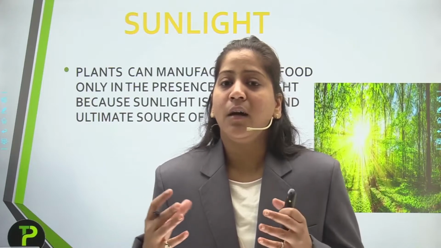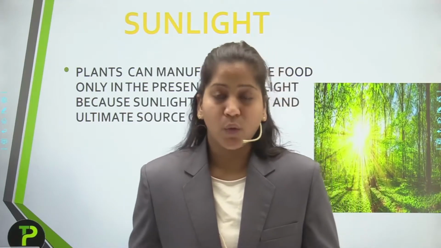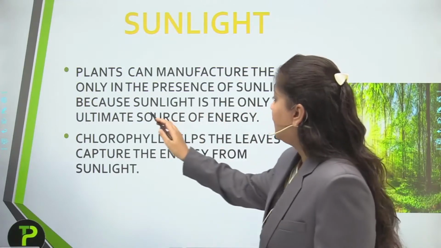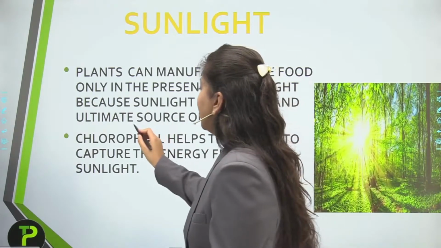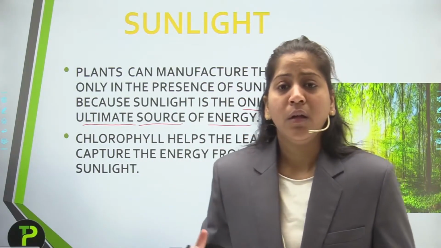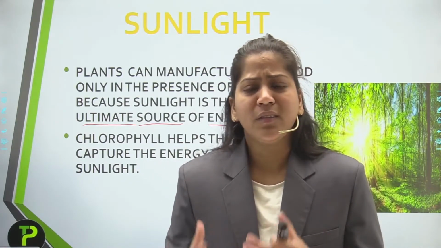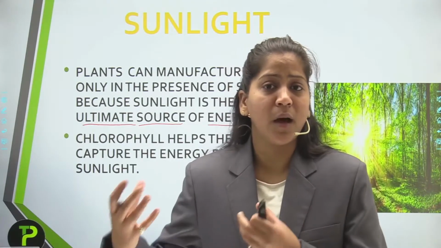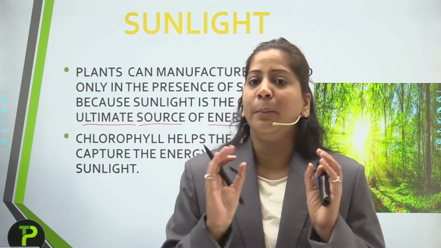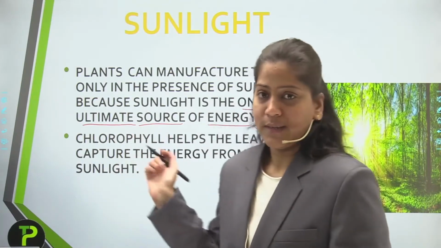So the sun is the ultimate and only source of energy for plants. By what substance do plants absorb sunlight? It is chlorophyll, the pigment which absorbs sunlight. Now that is all about sunlight.